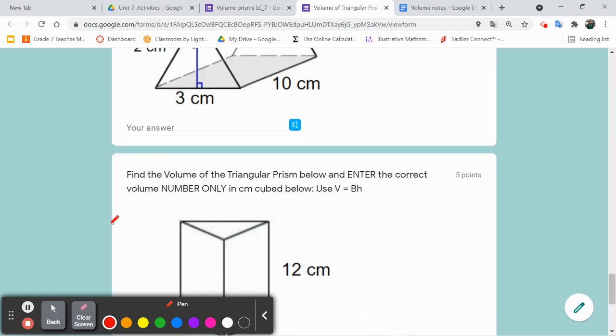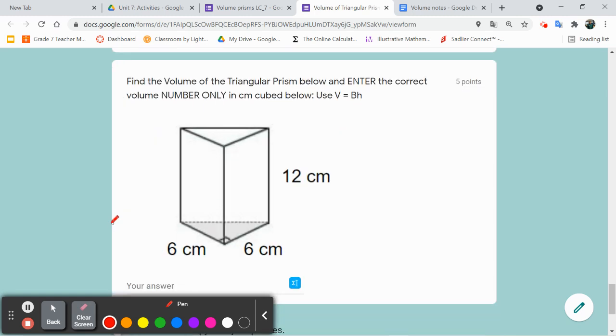Onward. All right. This one is sitting on its bases. So we're going to use the formula. Volume equals the area of the base times the height. So I have bases that are triangles. So again, I'm using the triangle formula for area. Find my big B. Base times height, or base times height divided by 2.